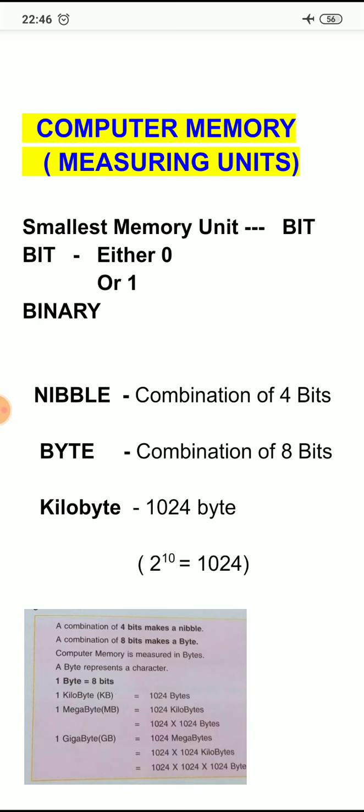Now a combination of 4 bits is called nibble, and the combination of 8 bits is called byte. Now let us know about kilobyte. In general, when we talk about kilo, it is a multiple of 1000.